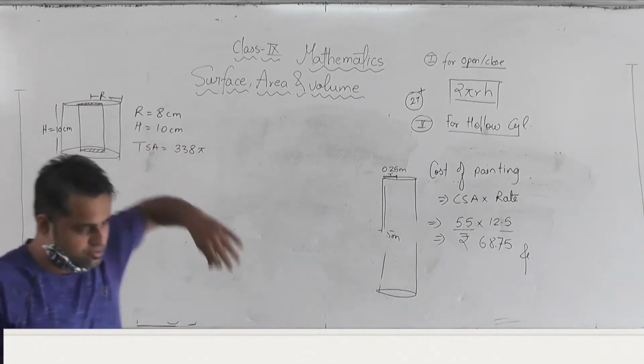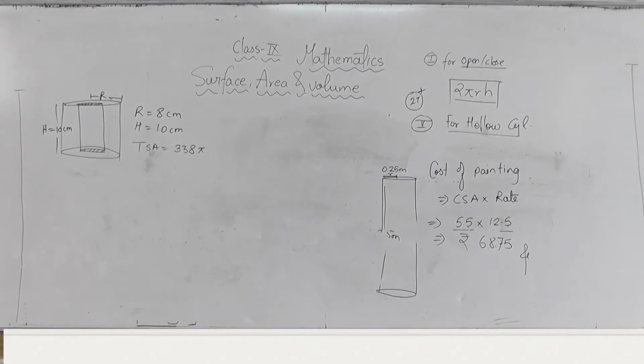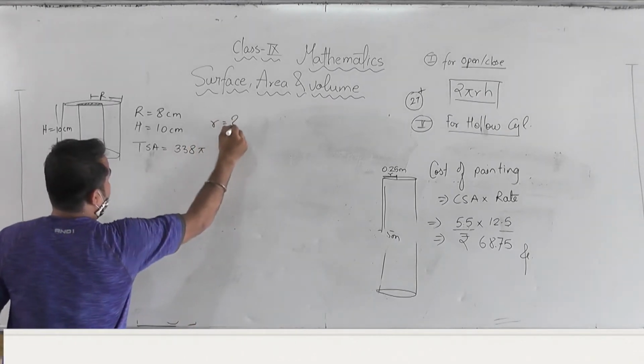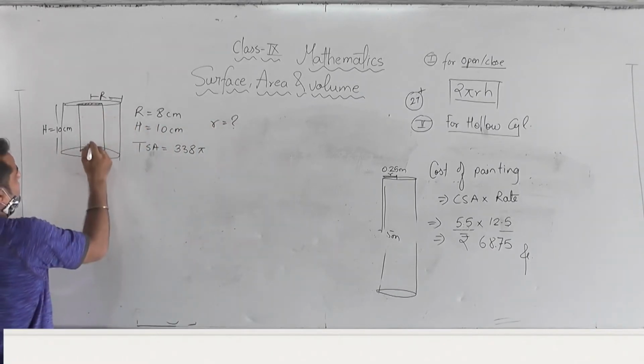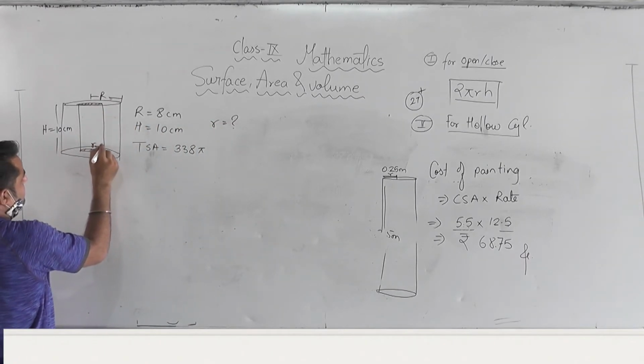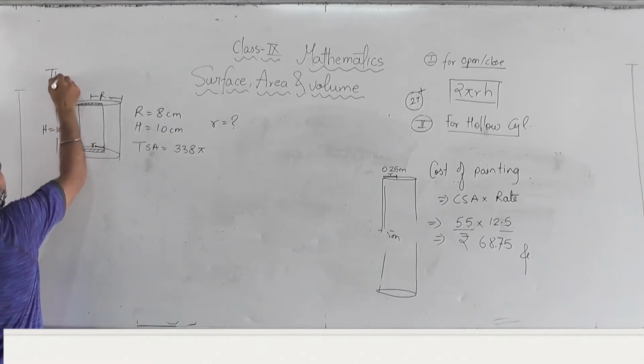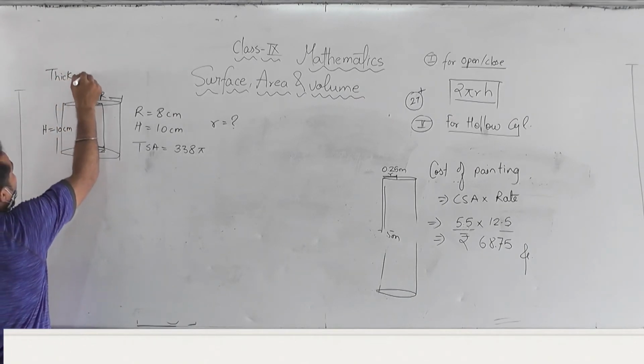It comes to TSA; I haven't explained TSA yet. Taking r to be the inner radius, obtain the equation for r, and obtain the thickness of the metal. Okay, we need to find the small r. Now remember, small r is the inner radius. Whenever you need to find the thickness of the cylinder, you just subtract both radii.